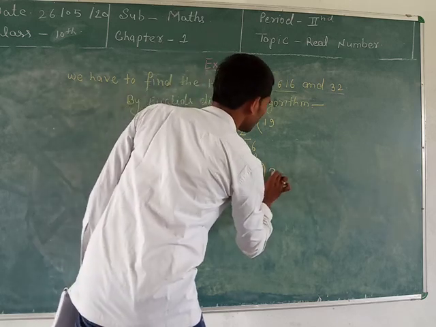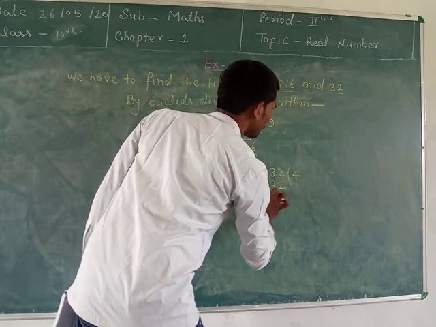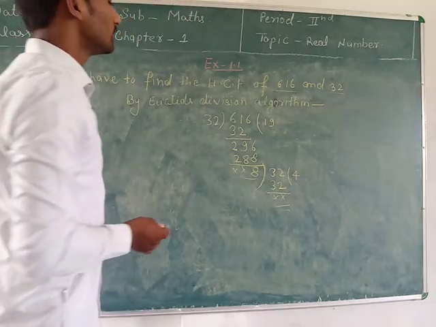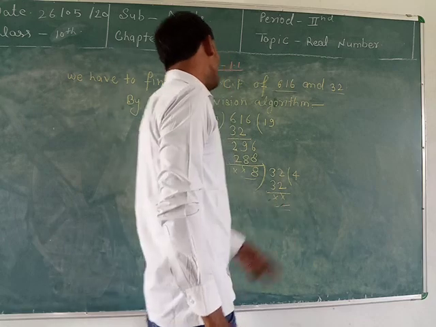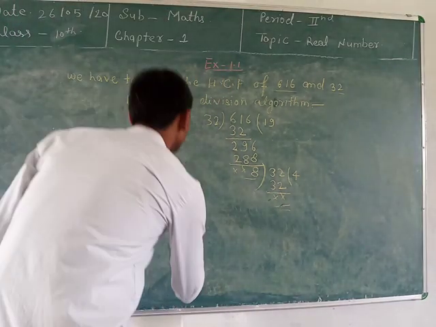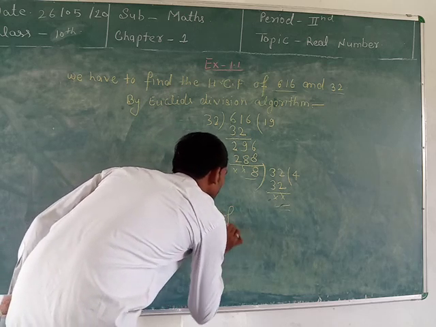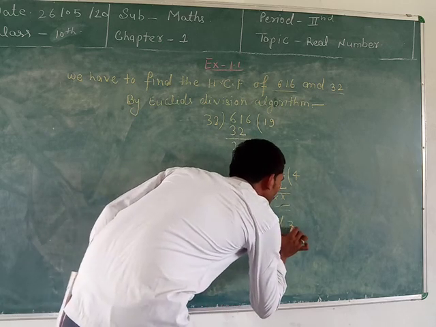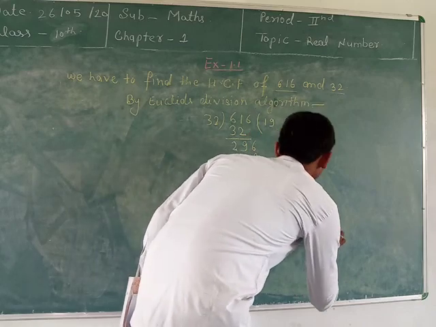Now we divide 32 by 8. 8 times 4 is 32. Here 8 is the last divisor from which we get remainder 0. So HCF of 616 and 32 is 8.